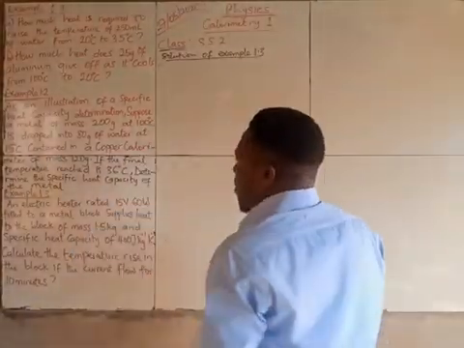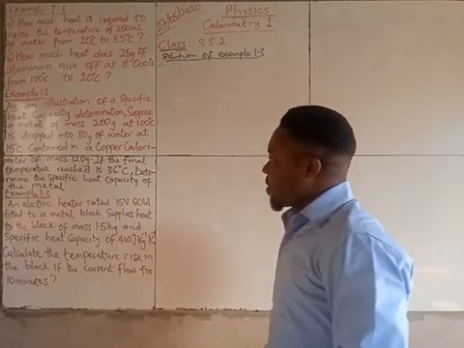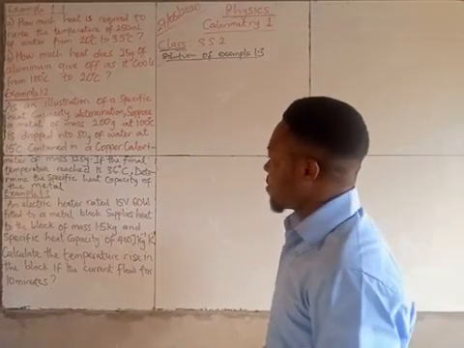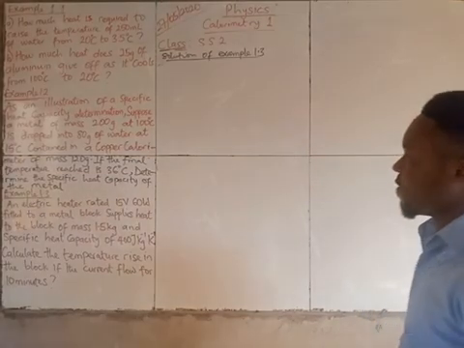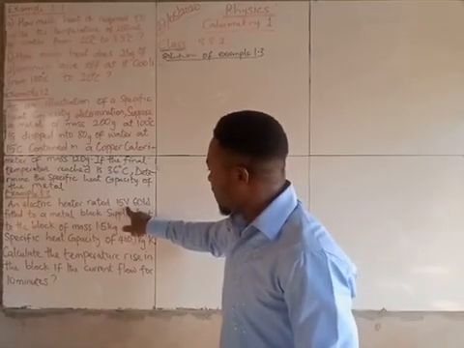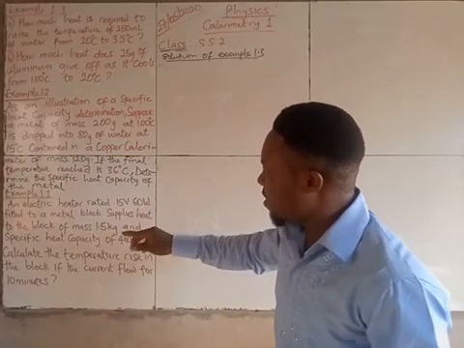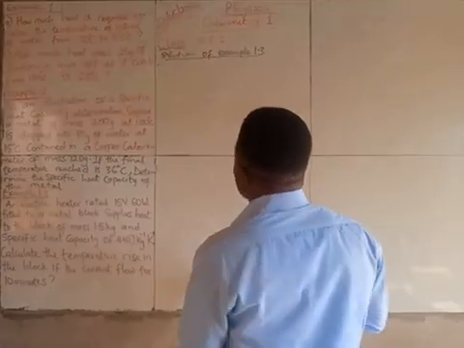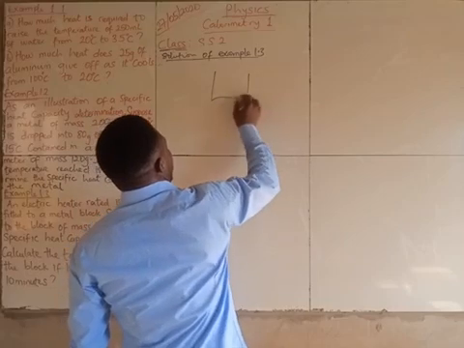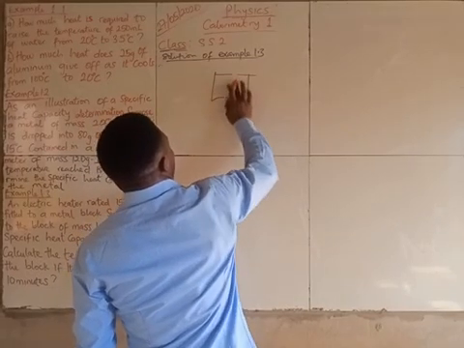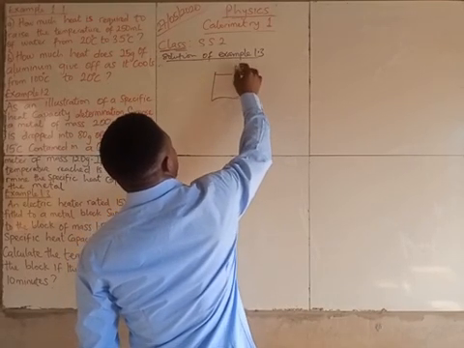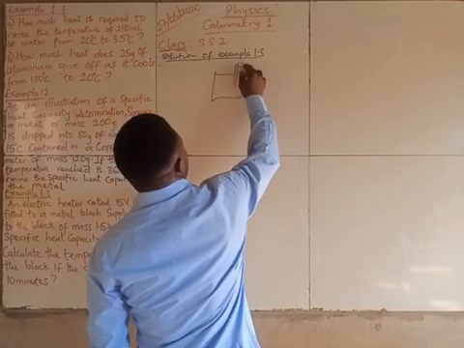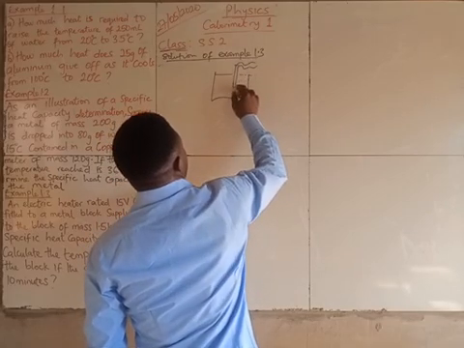Now let's go to example 1.3. An electric heater rated 15 volts, 60 watts, fitted to a metal block, supplies heat to the block. This is the metal block, and an electric heater was fitted to this block.